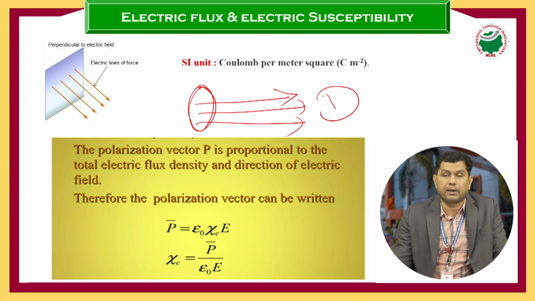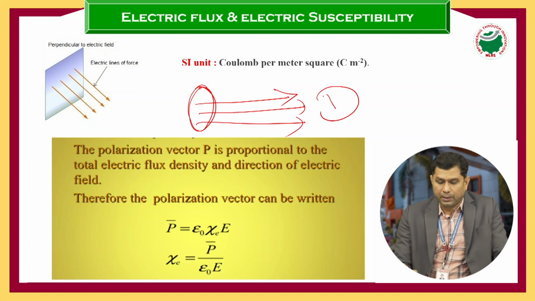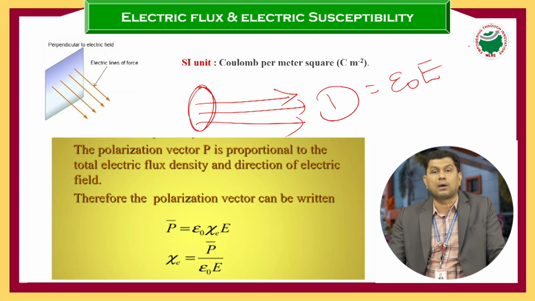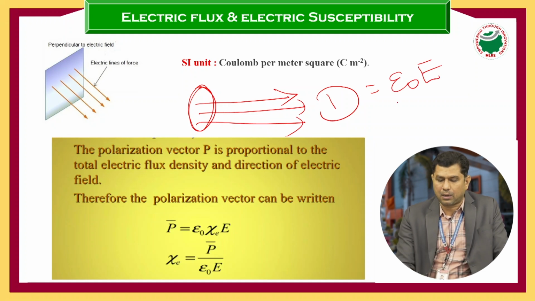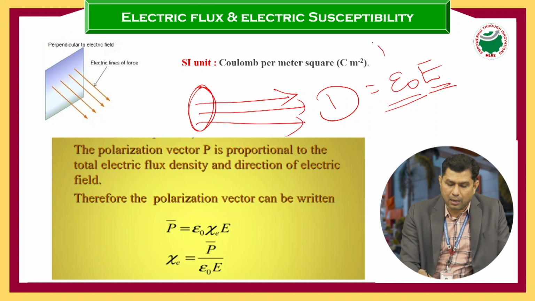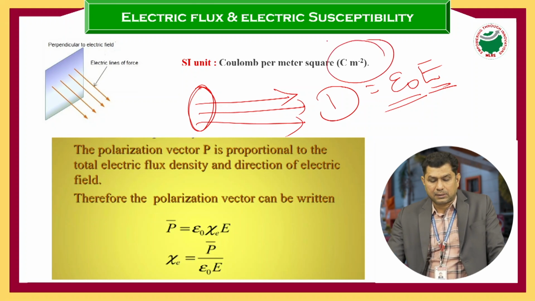This is denoted by the symbol D. In air, D equals epsilon naught E. Here epsilon naught is the permittivity of free space and E is the electric field intensity. The unit of electric flux is coulomb per meter squared.